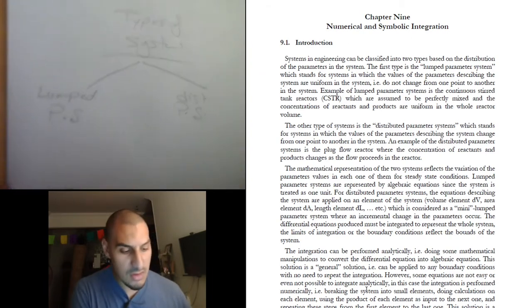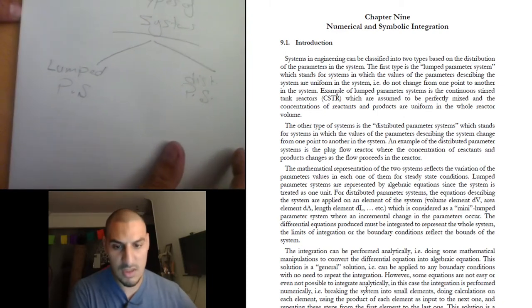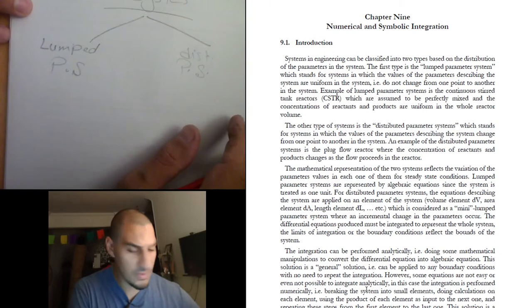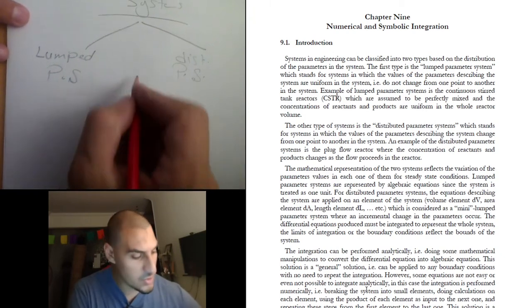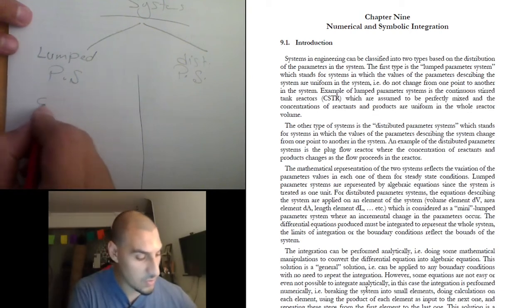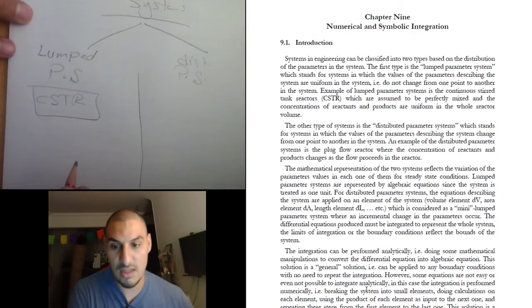To give you an example of these two types of equations, I would give a very famous and simple example, which is two types of reactors. The first is the CSTR, which is the continuous stirred tank reactor.